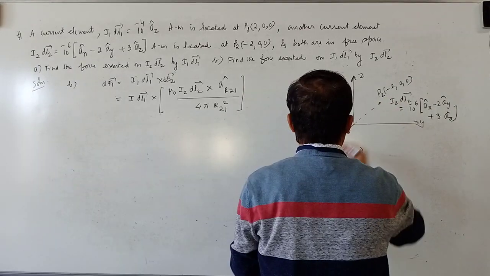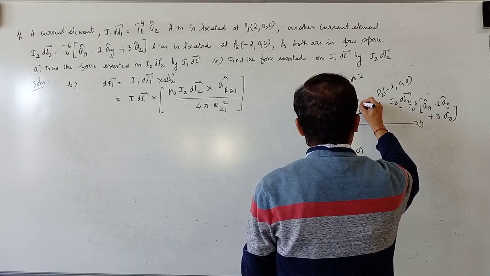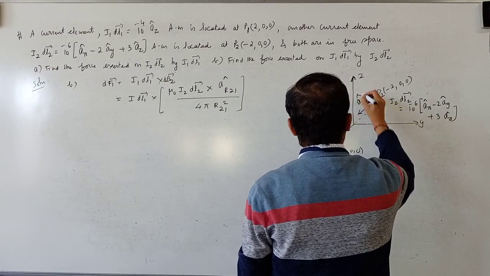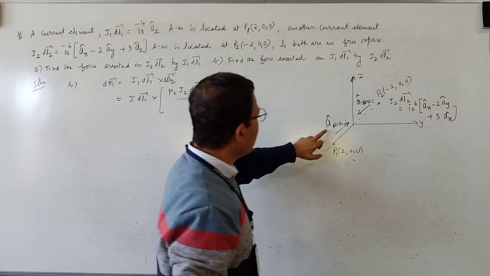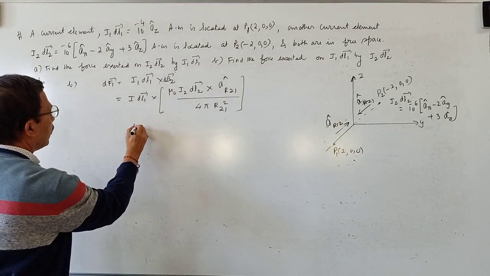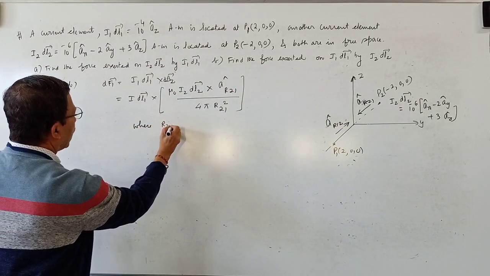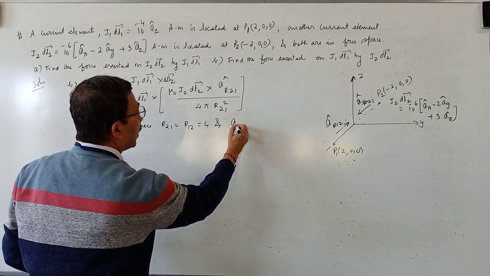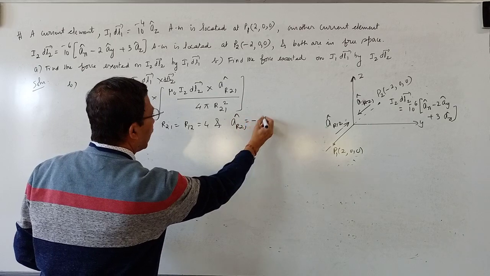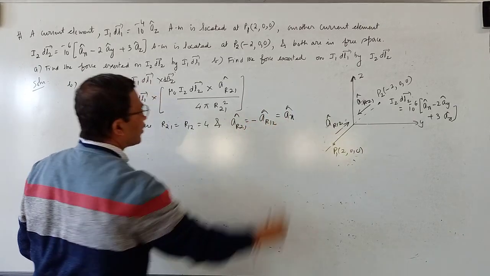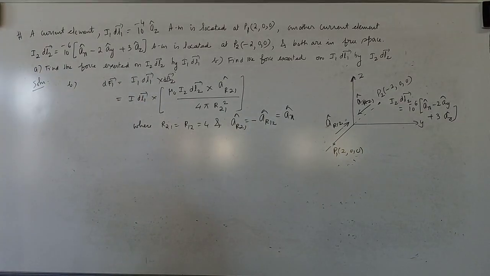Therefore, this is the direction of AR21 cap. The direction of AR21 cap is opposite to that of AR12 cap. So R21 is equal to R12 is equal to 4 and AR21 cap is minus AR12 cap is equal to AX cap. Please note that.